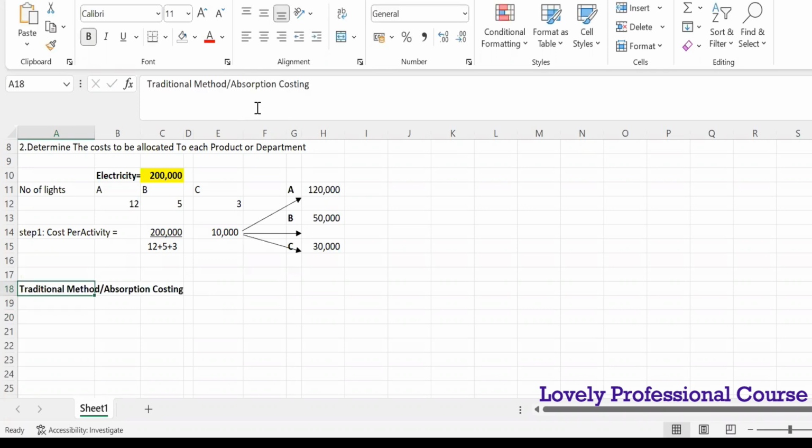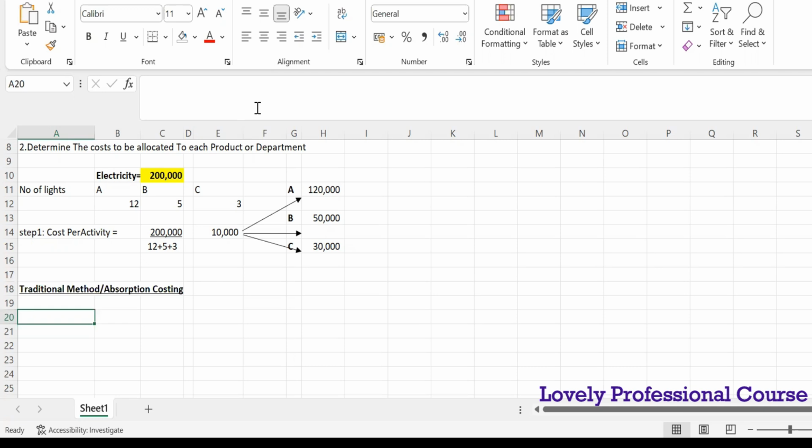This absorption costing was charging the overhead by assuming that labor hours, the labor, is the basis of apportionment. And if the examiner says to use a different basis of apportionment in absorption costing, you have to use that. But the general assumption is to use the labor hours or the labor information.